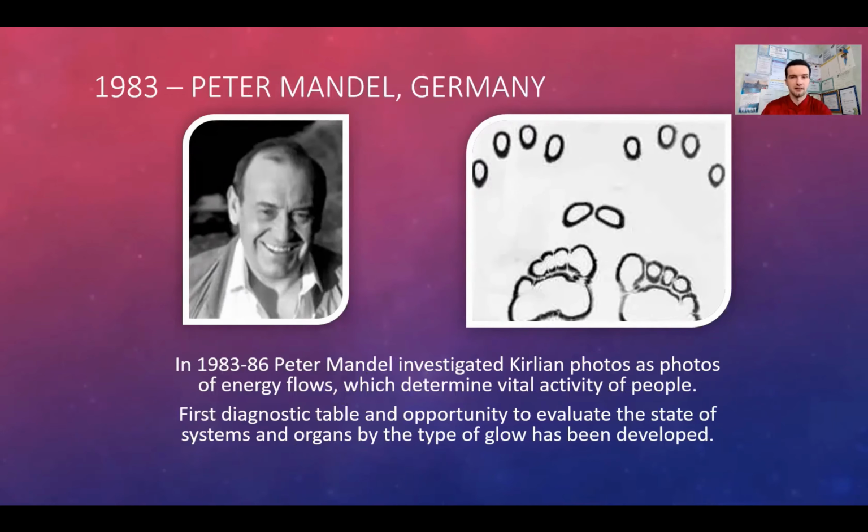But his good idea was that he proposed to apply the acupuncture point concept to the pictures of the glow of hands, of fingers and toes. So he overlaid the acupuncture point concept taken from the Suzhou, South Korean system, onto the images, and beginning from that moment, he tried to do some interpretation according to these acupuncture points.